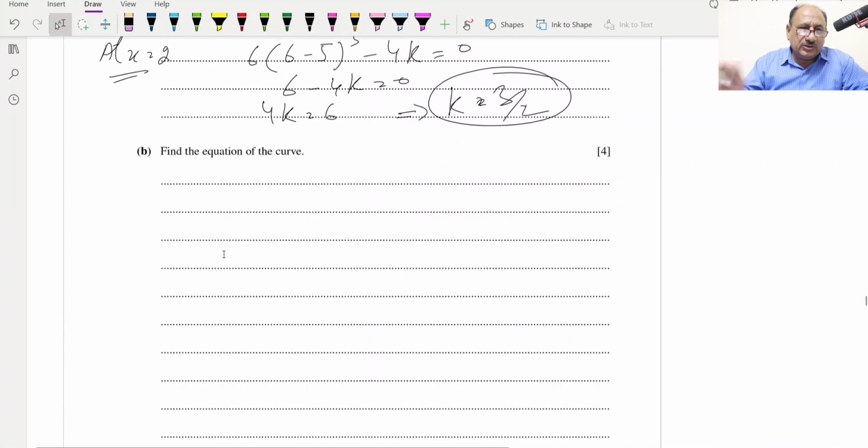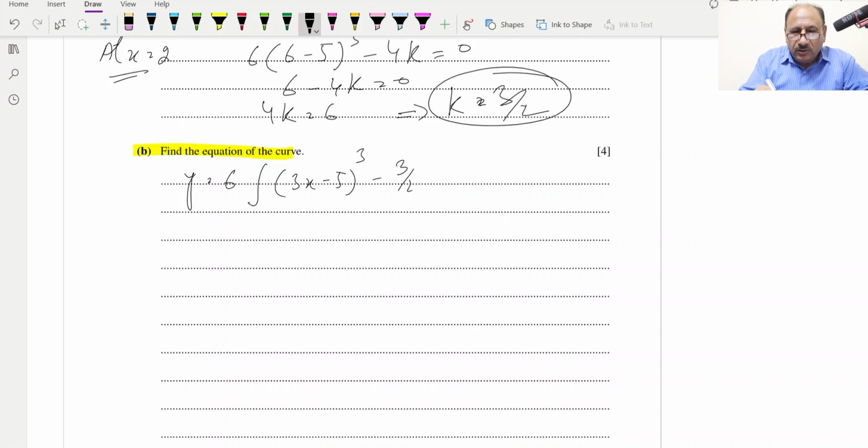Next, find the equation of the curve. For the equation of the curve, we have to integrate the given equation. So y is equal to the integral of 6 into 3x minus 5 cubed minus the k value, 3 by 2, so we are replacing 3 by 2 into x squared, dx, and now we can integrate this one.